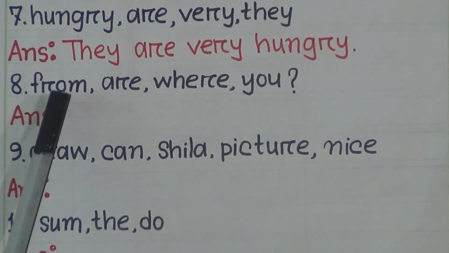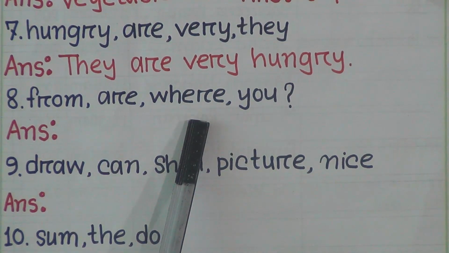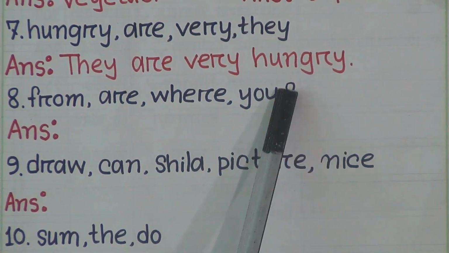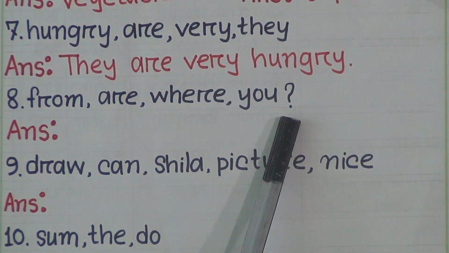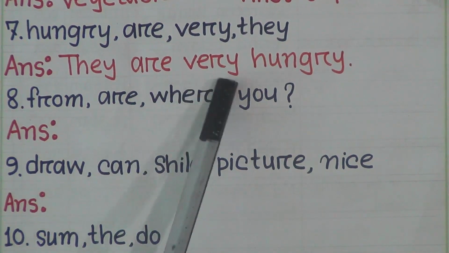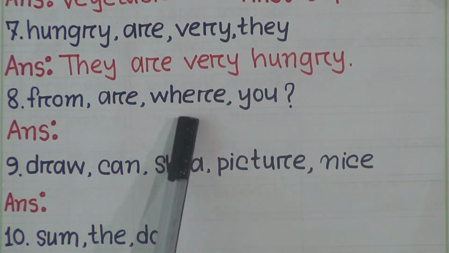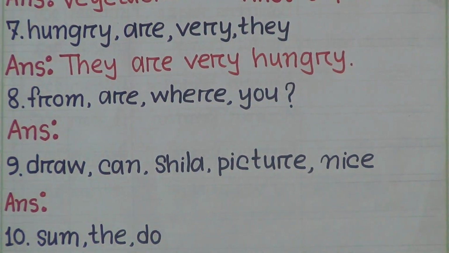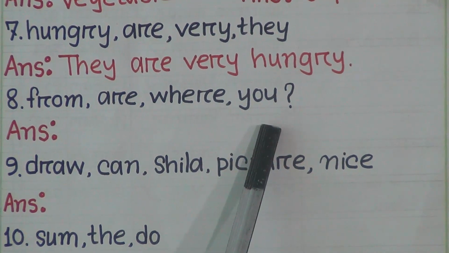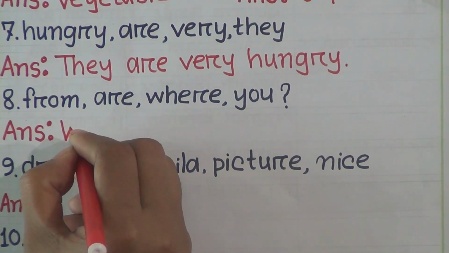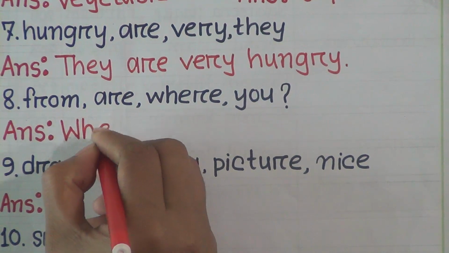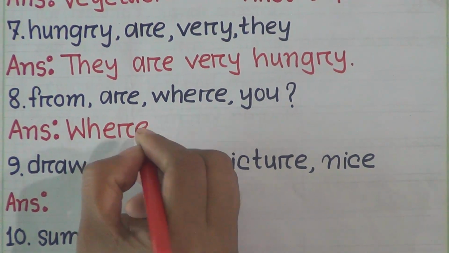Number 8. From, are, where, you. And at the end of the sentence, you have to give a question mark. And we have to start with the question word where. Where are you from? So I'm writing W-H-E-R-E.